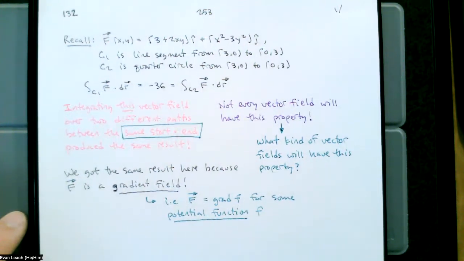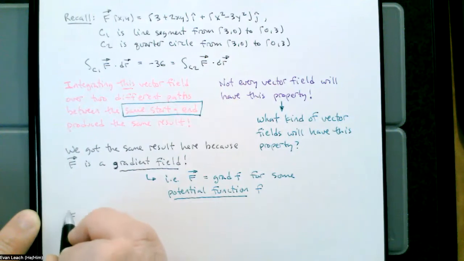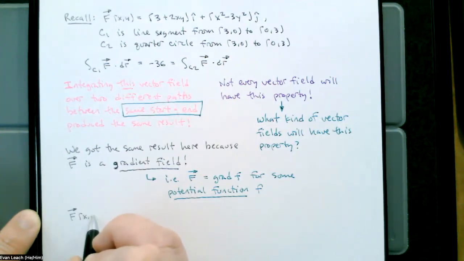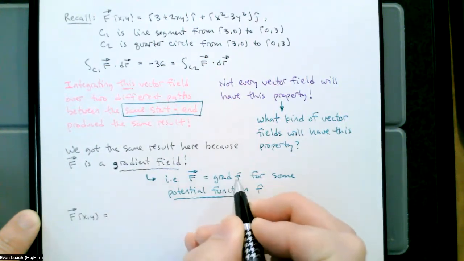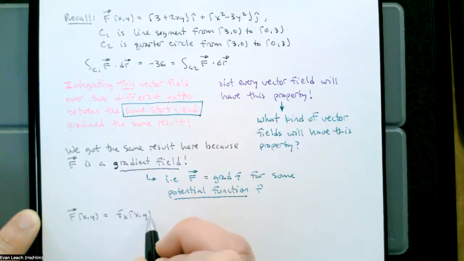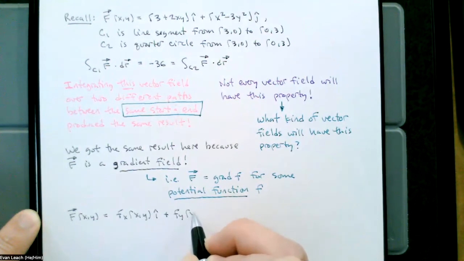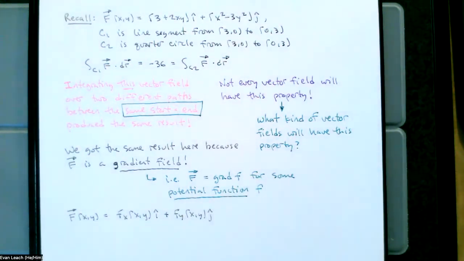So we're saying that F at xy is the gradient of some potential function f. That is, we'll have some fx at xy times i and fy at xy times j. So let's try to find this potential function.